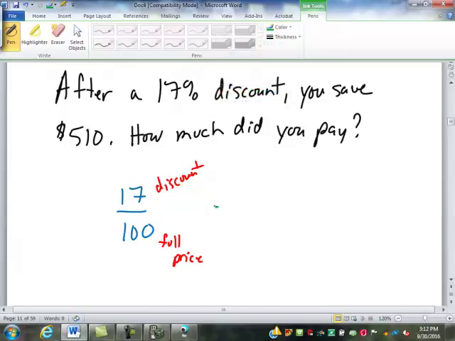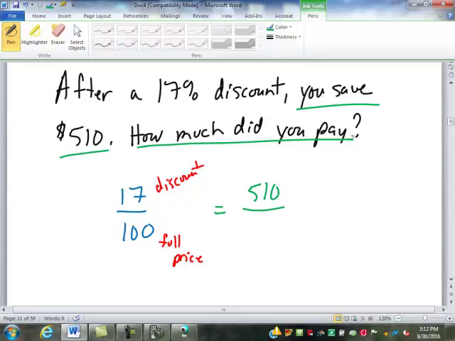Do we have either of those values given in the problem? Yeah, you save $510. That's the discount. Are we looking for the full price? We want to know how much you paid after the discount. So we're not looking for the full price, but we can find what we're looking for if we know the full price.